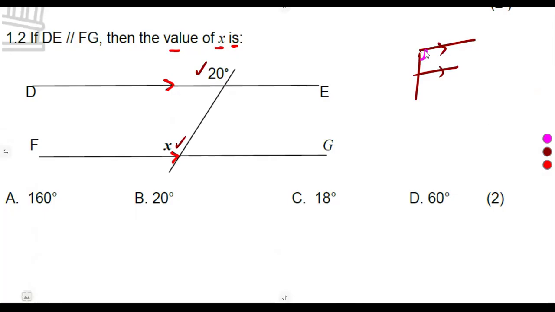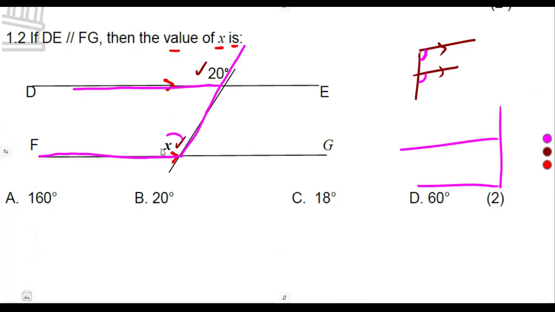One is inside the parallel lines, one is outside, where we form an F.